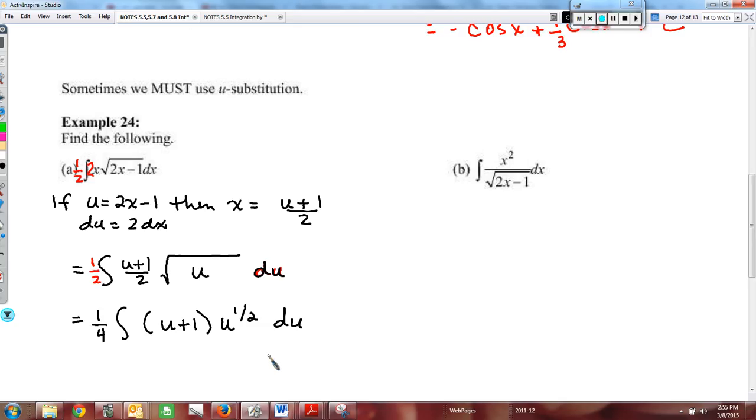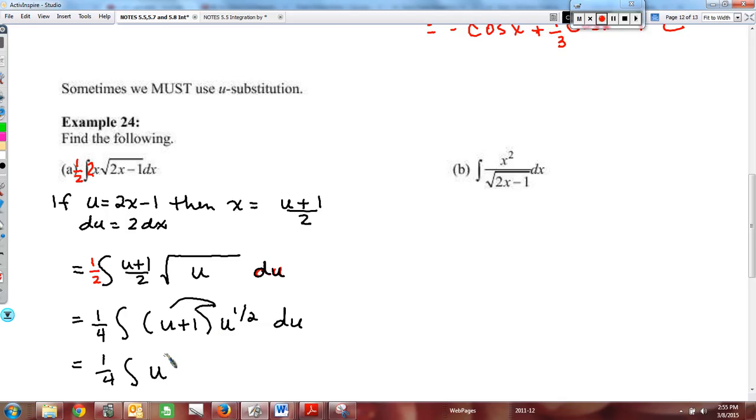Now take a moment and look at this. I was having trouble integrating this because I can't distribute something outside of a square root in. But notice by transforming everything into u, I've turned it into something that, oh, wait a minute, I can distribute this. I can turn this into basically power rule integration.